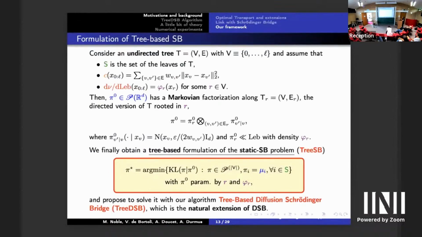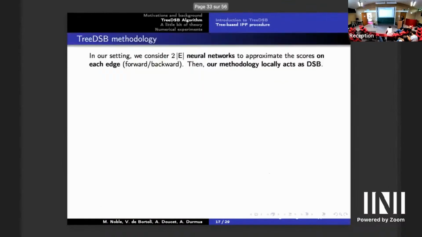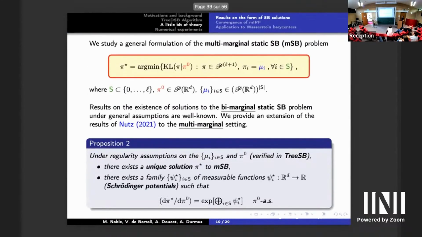You have the epsilon in the pi naught. So actually, if you solve this Schrödinger bridge with R equals 0 and phi R, which is a potential, you end up with the Wasserstein barycenter problem, and the epsilon is hidden in this pi naught. Right. So it's for any epsilon, of course. This is in theory, but in practice, you don't choose epsilon too small.